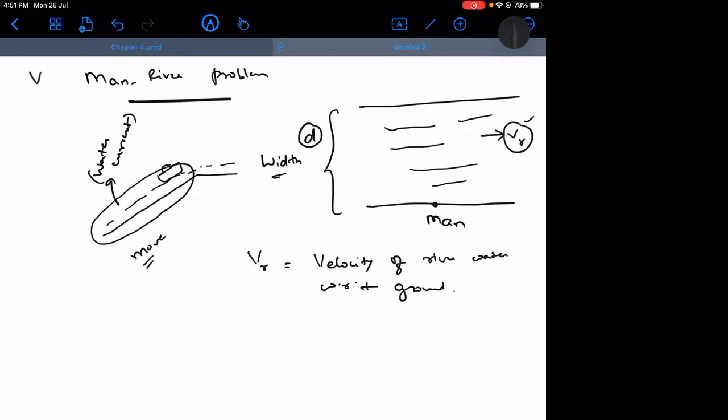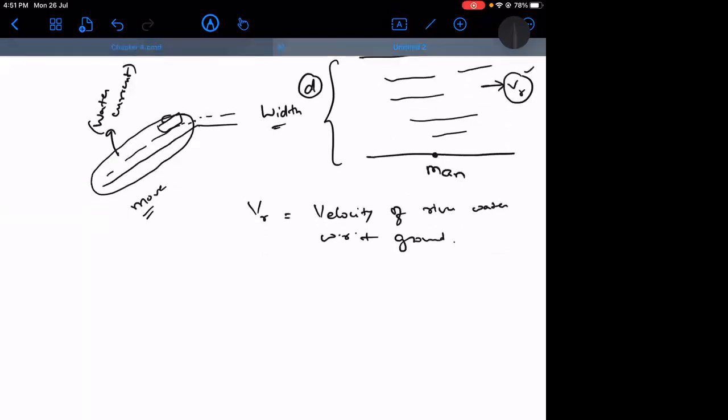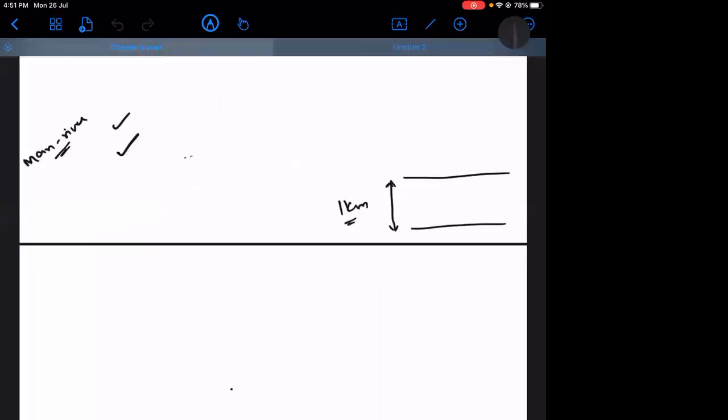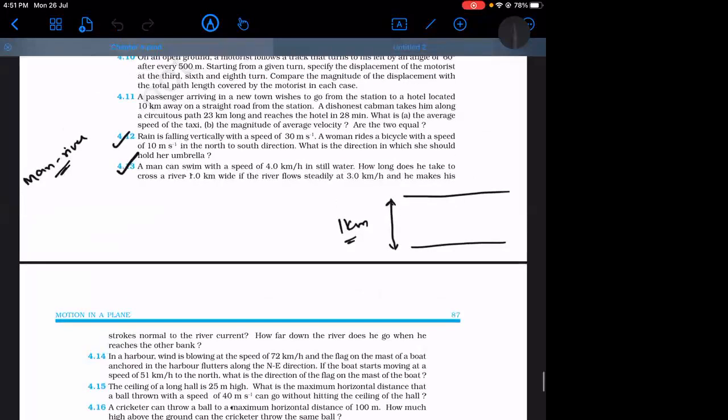Right. So here, if you read the question, there is a man who can swim with a speed of 4 kilometers per hour in still water. Velocity of the man. See, this is where many people make a mistake. Just because they see the words still water, they think it is the absolute velocity of the man.